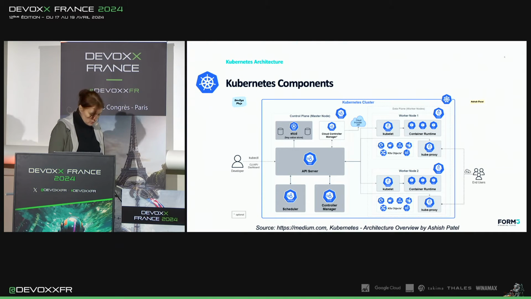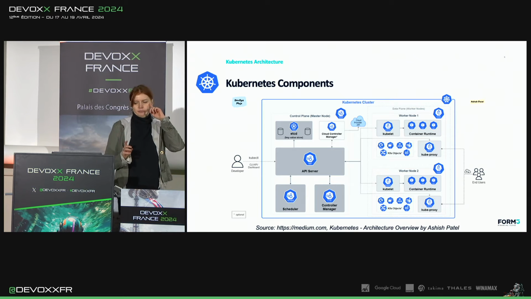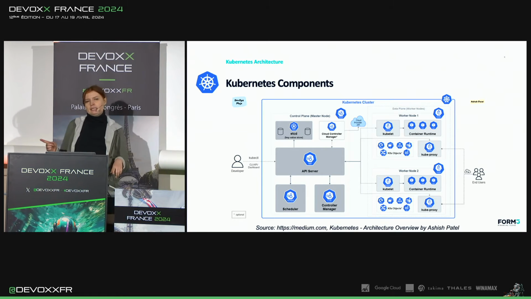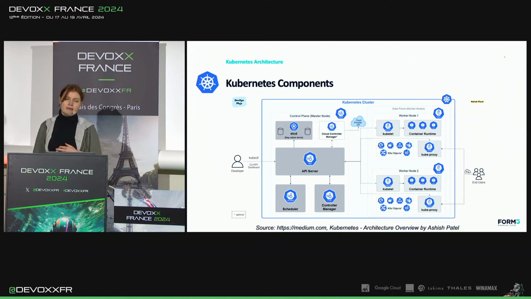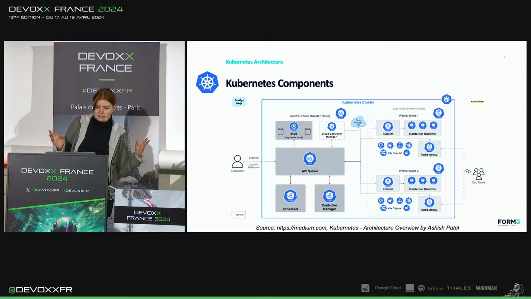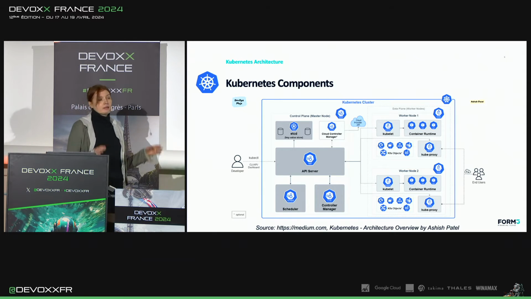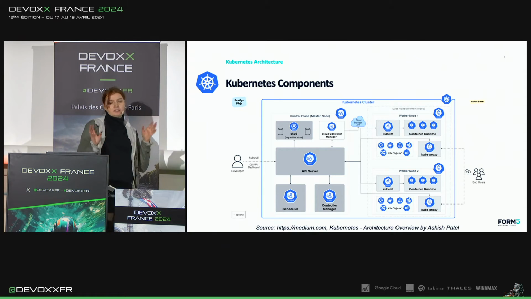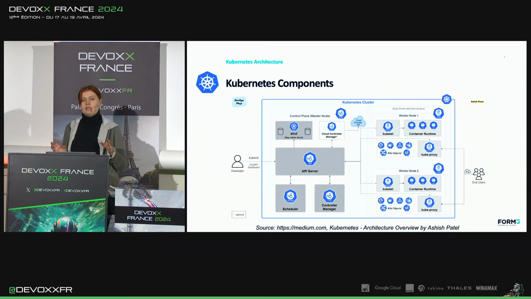So when it comes to Kubernetes, there are 2 main concepts here: control plane and worker node. In the control plane, we have various components: API server, etcd, scheduler, etc. However, the heart of the Kubernetes control plane is the API server.